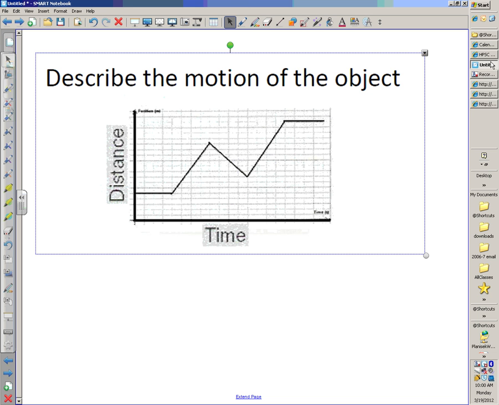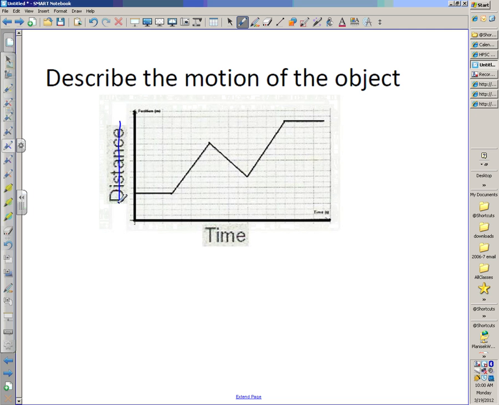Here's a picture straight from those slides that I gave you on Friday, actually on the back side of page 2. First thing I'm going to do is change this from distance to position, which is a more accurate description of what it is. Then I want you to take 1 minute and discuss with the people around you the motion of this object. Go.